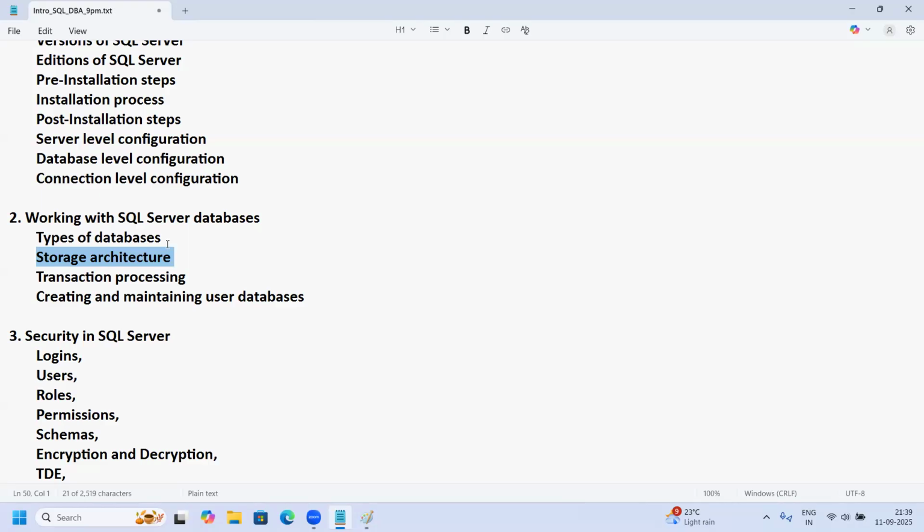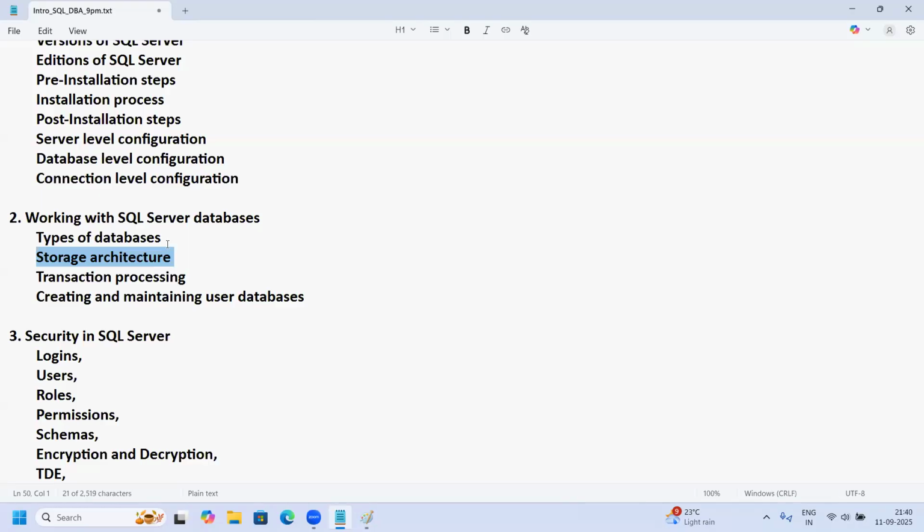A developer will know only the commands: how to work with implicit and explicit transactions, how to handle isolated transactions, and how to use the TCL commands: commit, rollback, save transaction, begin transaction. A DBA should have an idea of both.